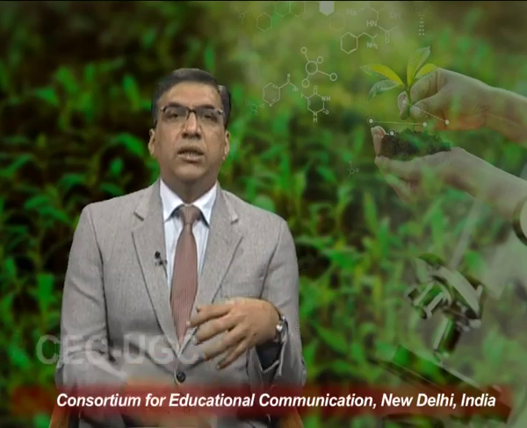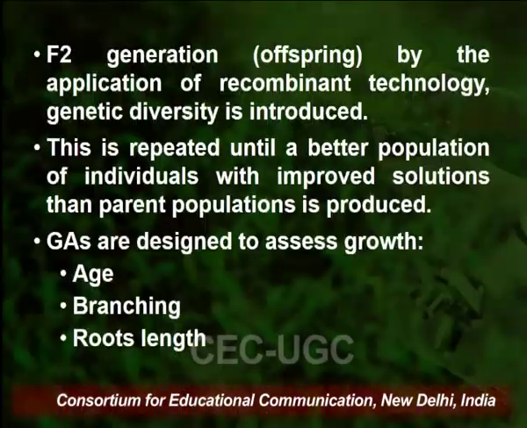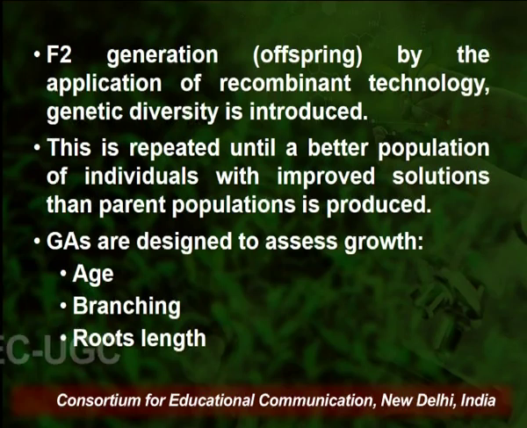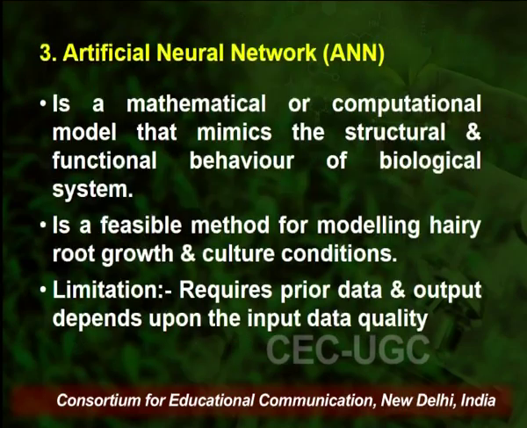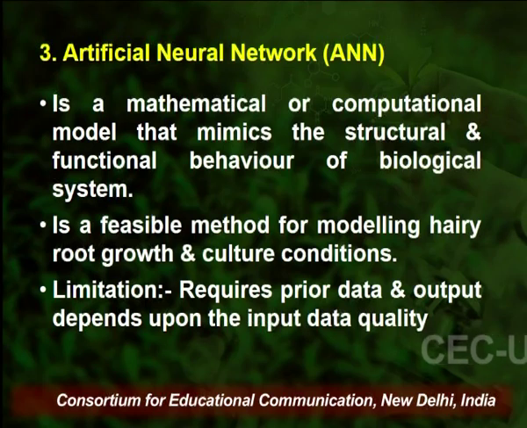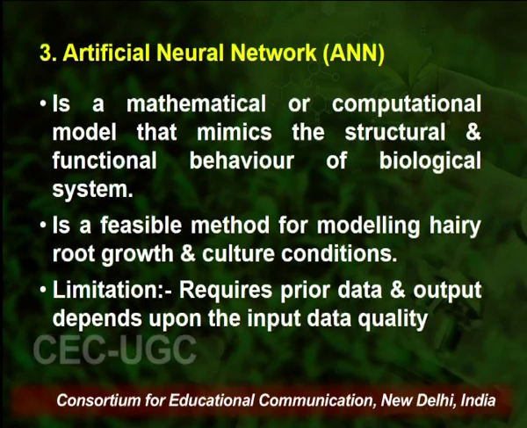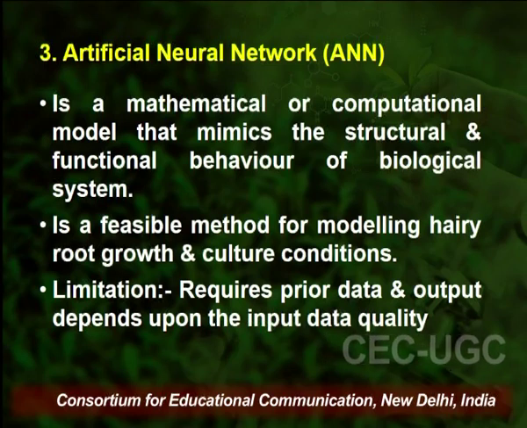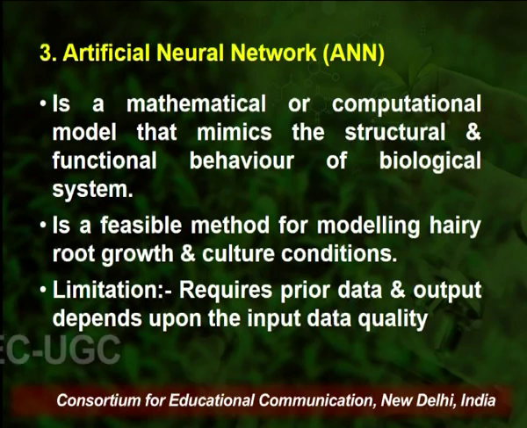So therefore, we can say that genetic algorithms are designed to assess the growth over the age, the branching of the hairy roots, and also the root lengths. The third strategy is the use of artificial neural networks or ANN. Again, these are mathematical or computational models which mimic the structural and functional behavior of biological systems.